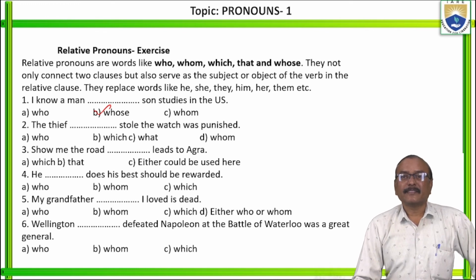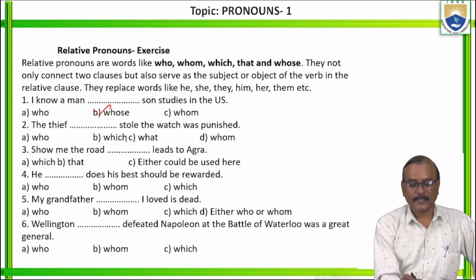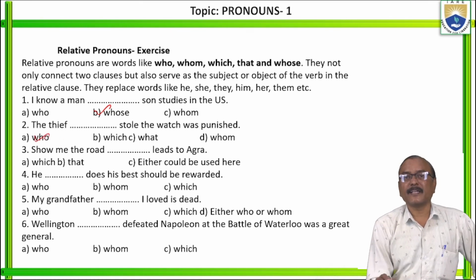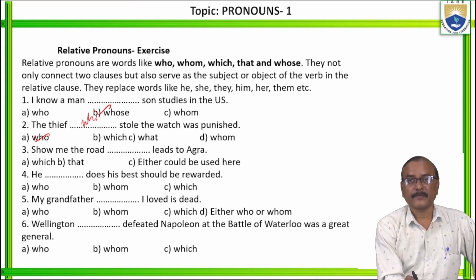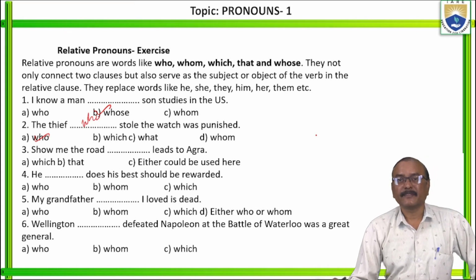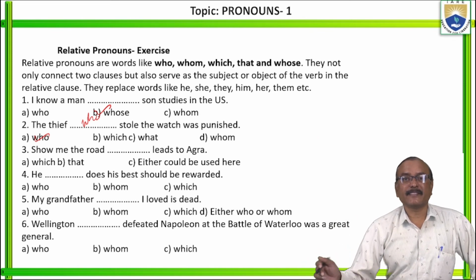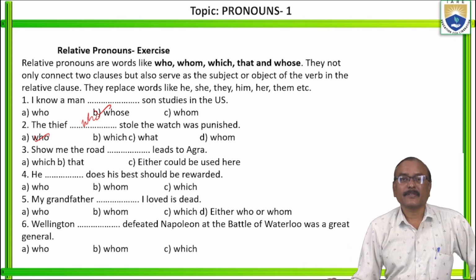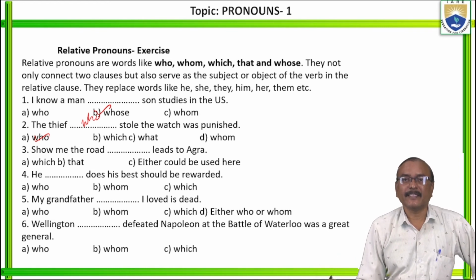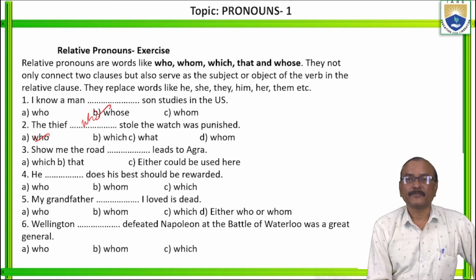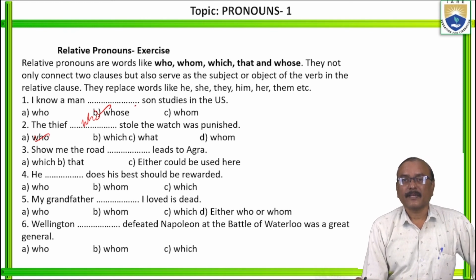Next, the thief who stole that watch was punished. So here who is the answer. The thief who stole the watch was punished. Okay, ఎవరైతే స్టీల్ చేశారో, जो चोर किया, is it clear? ఎవరైతే means who, ఎవరి యొక్కనైతే whose, right?